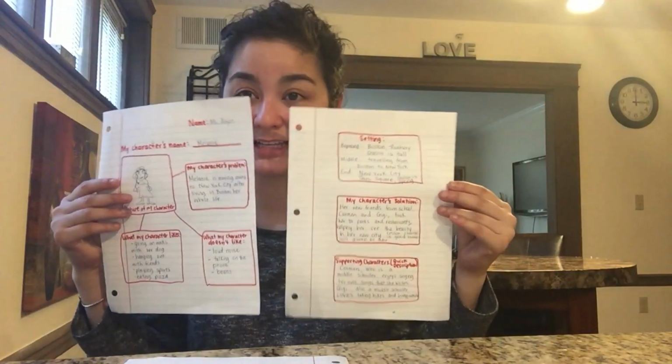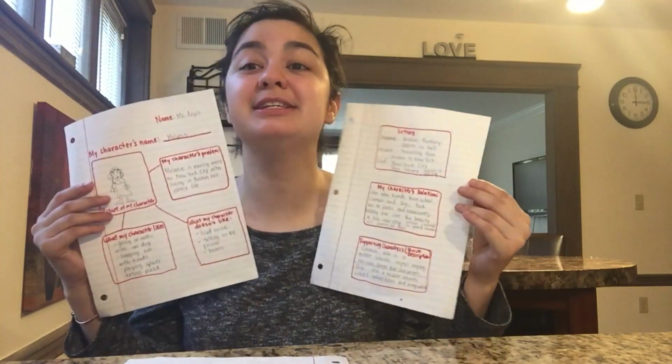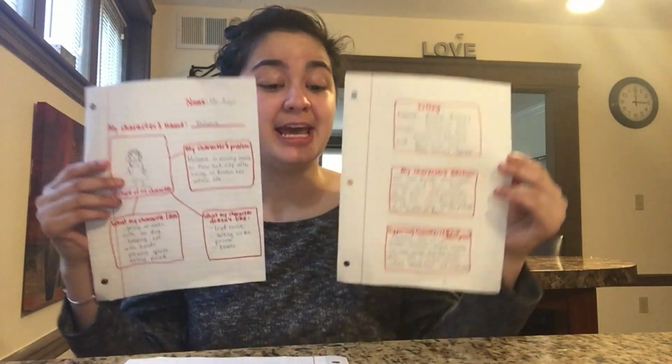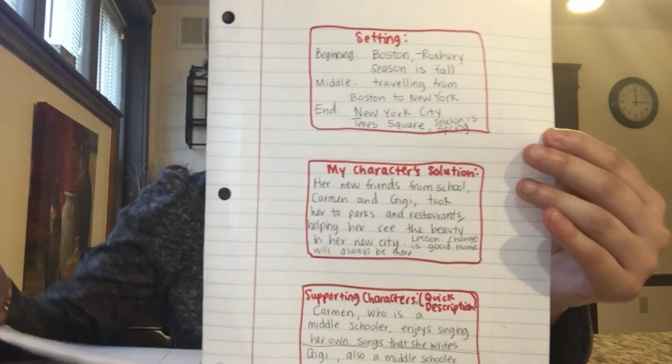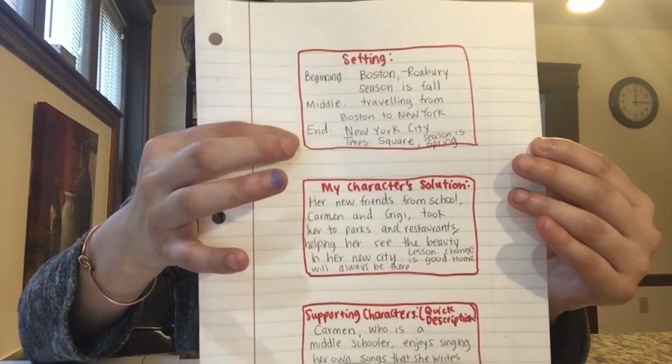All right, friends. Now we are ready to write our end page and introduce our solution. So I'm going to take out the 2 pages of my organizer. And the reason we're going to be using this is because it has the setting for our ending.